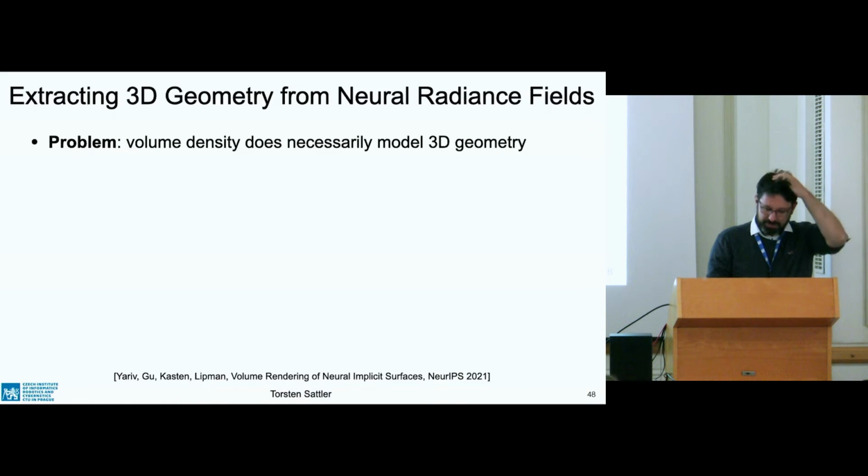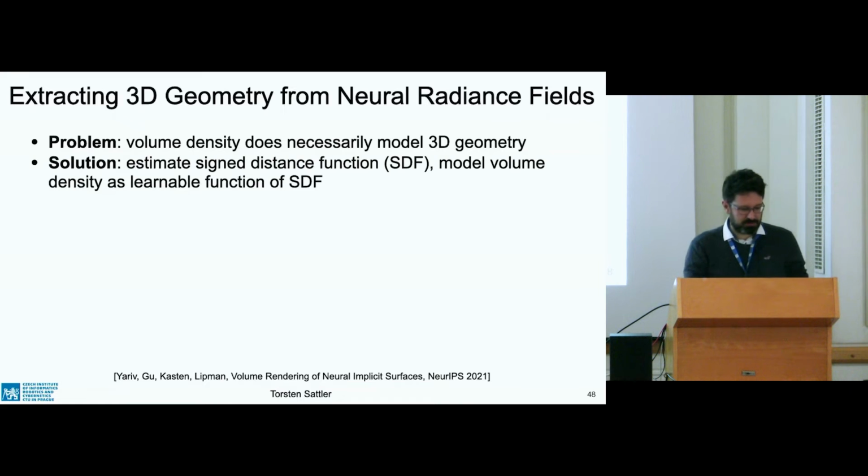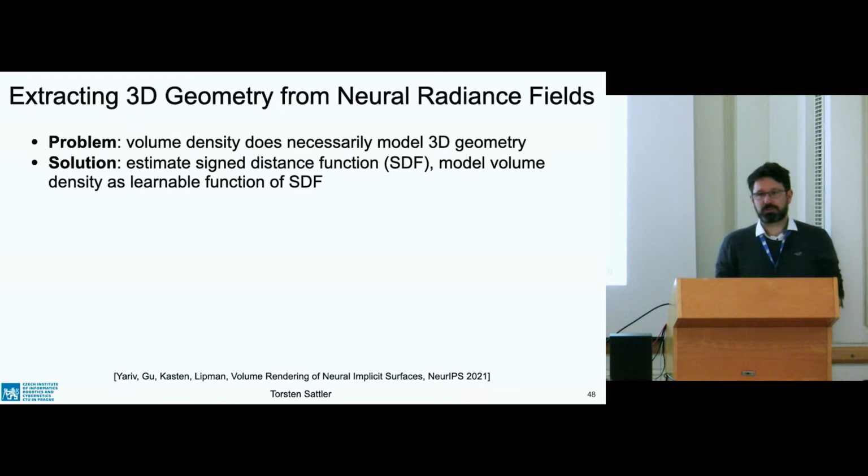Luckily, there's a relatively simple solution, which is to say, rather than estimating volume density, I actually estimate a signed distance function. When doing volume rendering, I have a way to translate from signed distance to volume density so that I can do volumetric rendering.